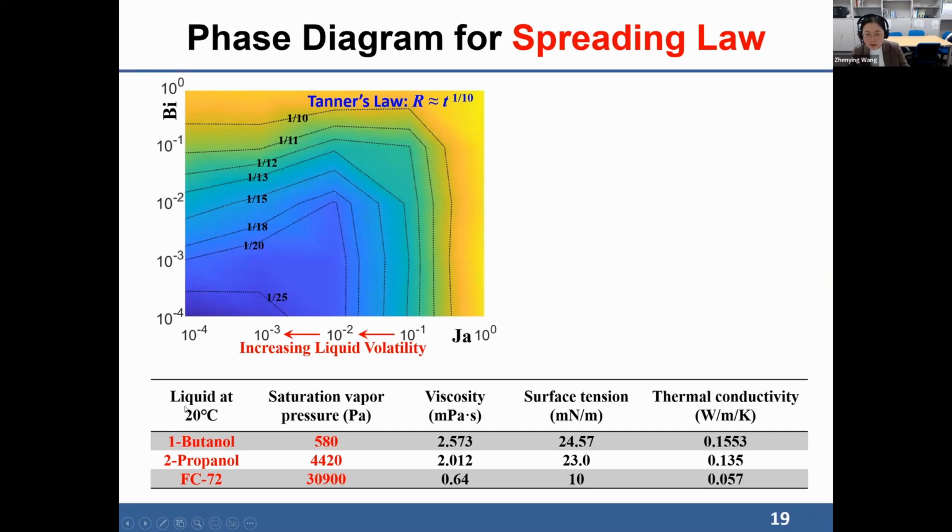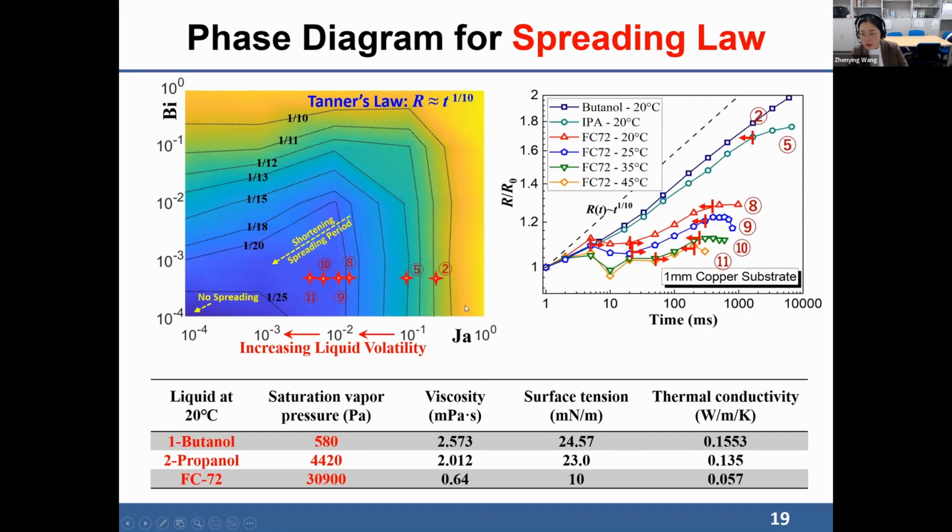With these different liquids, we are able to evaluate the influence of the liquid volatility. This is our experimental data from 2 to 5 to 8, corresponding to butanol, IPA, and FC72. We can see a steadily decreasing spreading rate of the liquid droplet.